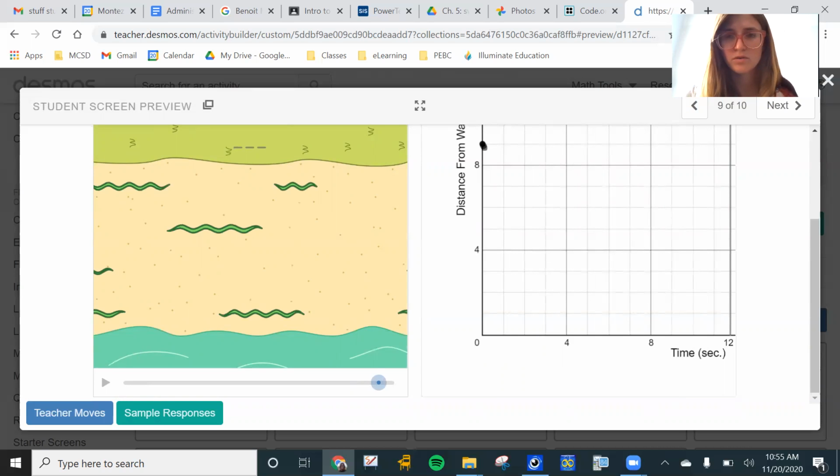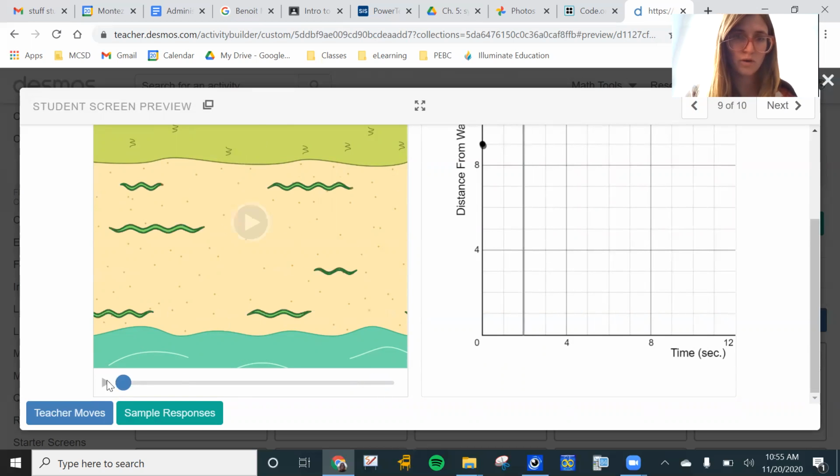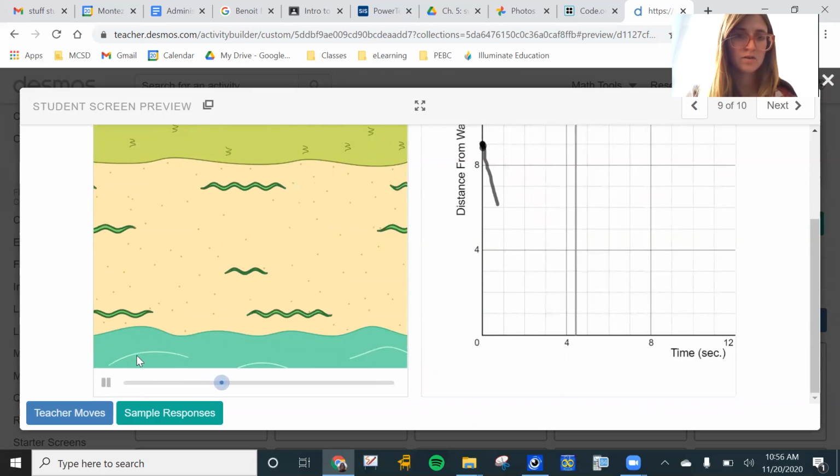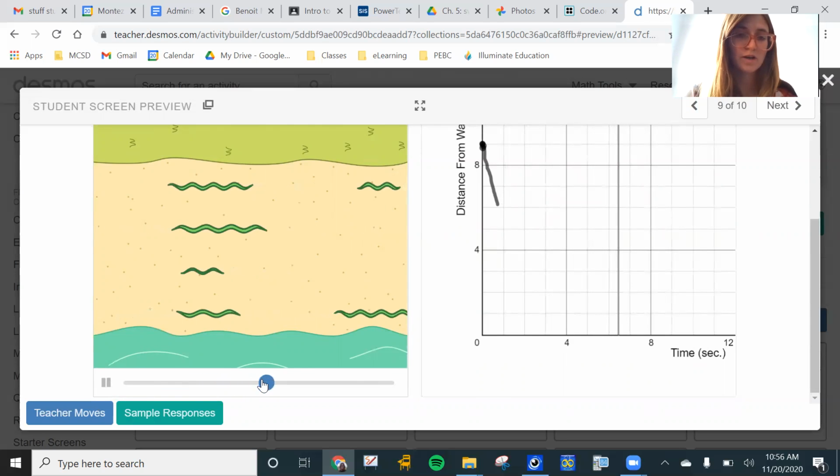Do you think I can get out ahead of him before he passes? Could if he went really, really fast. Let's try that. Okay, let's see. Nope, he got hit by that snake. So he needs to go super fast.